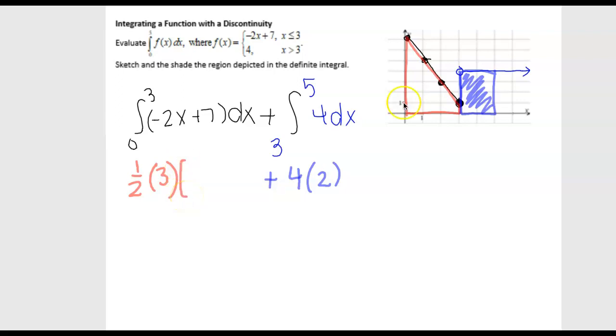So the tallest width is at 7, and my other width is 1. So we're going to take that, we're going to add the area of the trapezoid to the area of the rectangle to get the area under the curve.